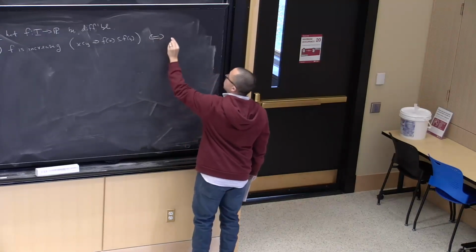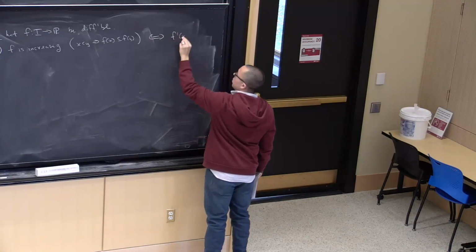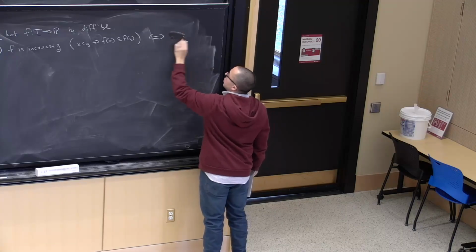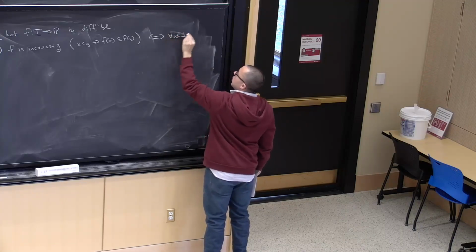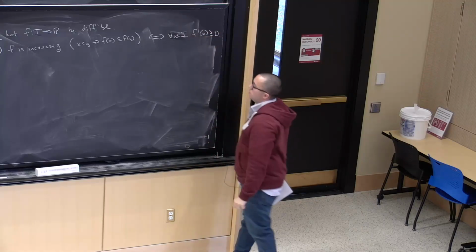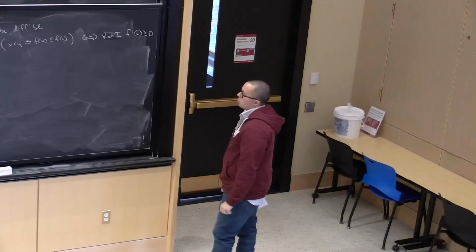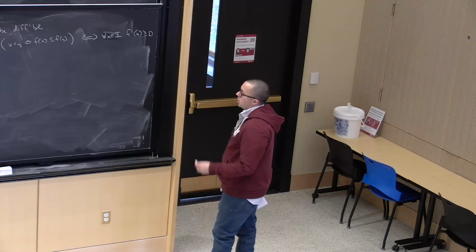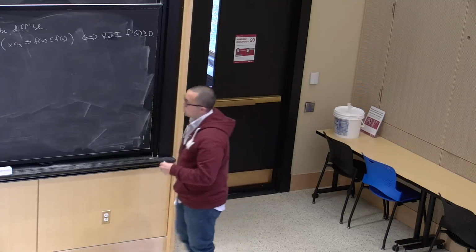This is equivalent to, for all x in I, f prime of x is bigger than or equal to 0. So remember, f prime is the rate of change. If the rate of change is always non-negative, then f has to be growing.